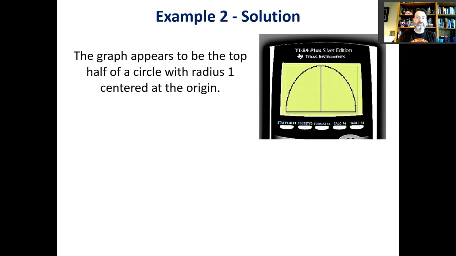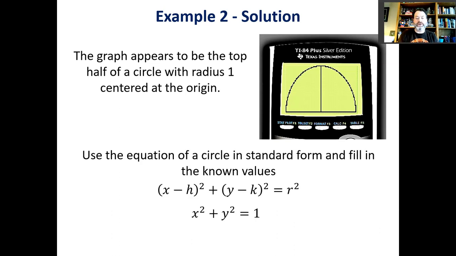So the general equation of a circle is x minus h squared plus y minus k squared equals r squared. We're going to use this a couple of times in this video, so make sure you know this formula. h and k are the coordinates of the center of the circle, and r squared is obviously the radius squared.